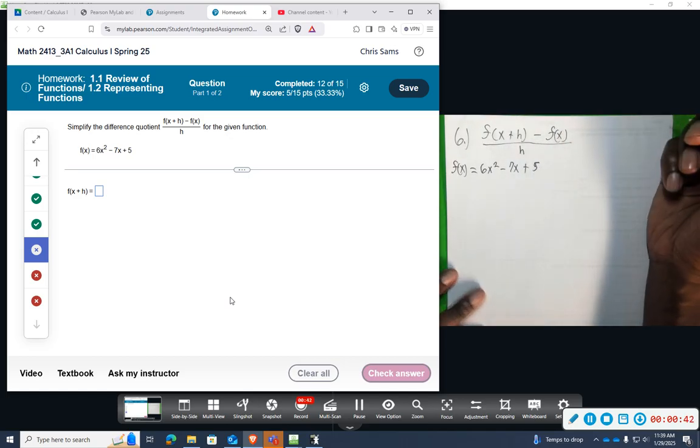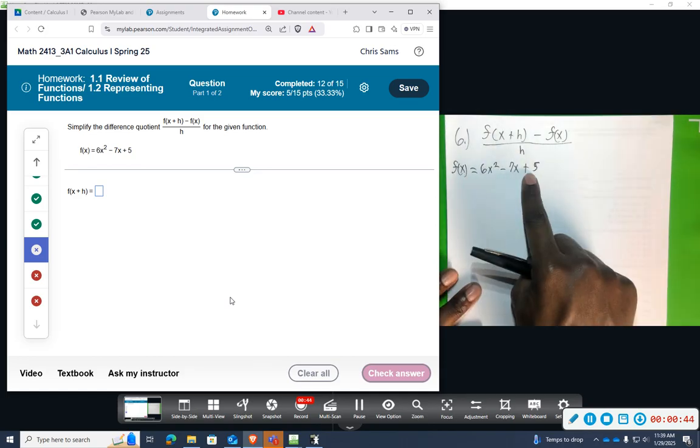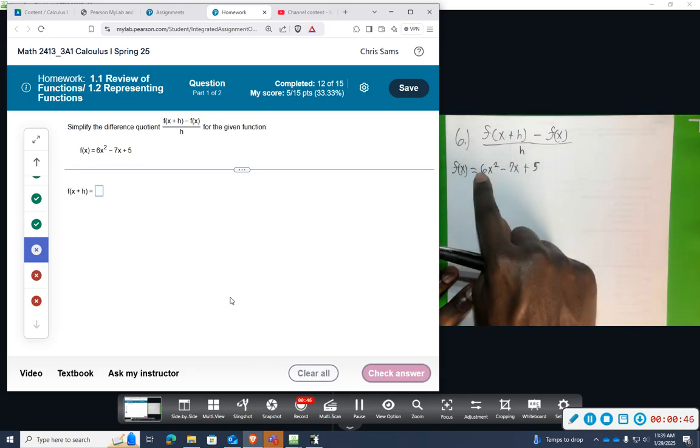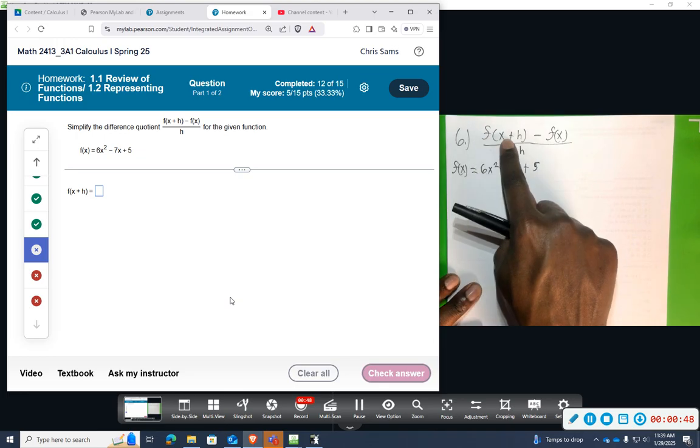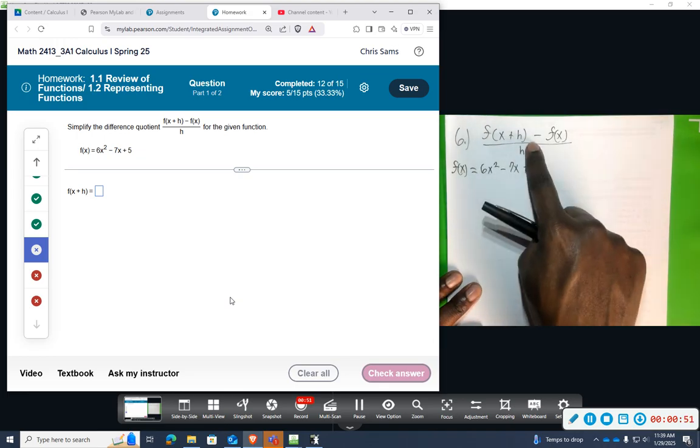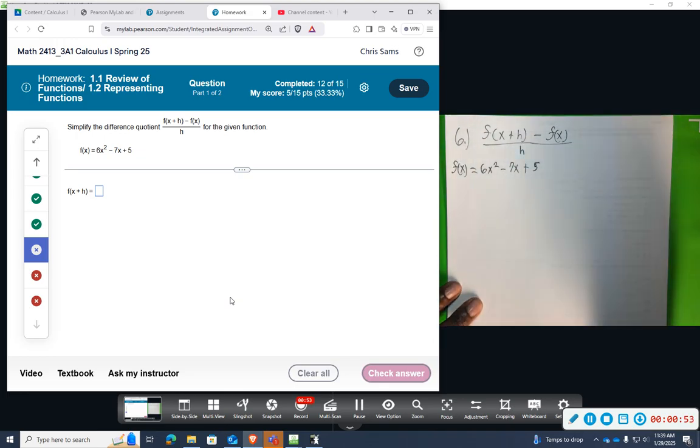First I'm going to start by plugging in x plus h for x, for the f of x plus h part, and then I'm going to subtract f of x, and then I'll start simplifying.